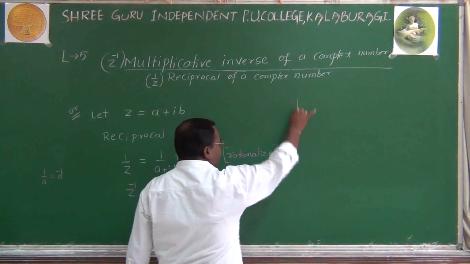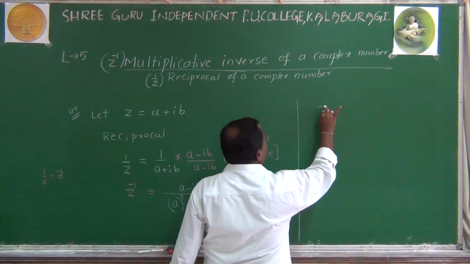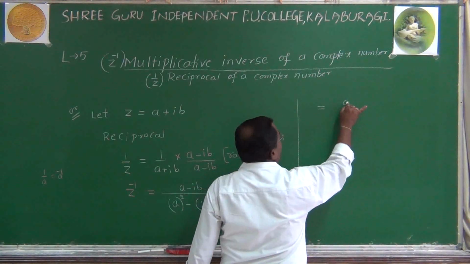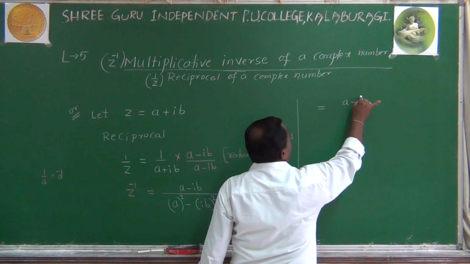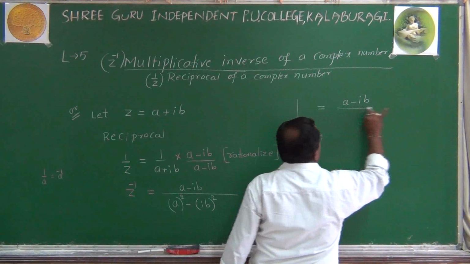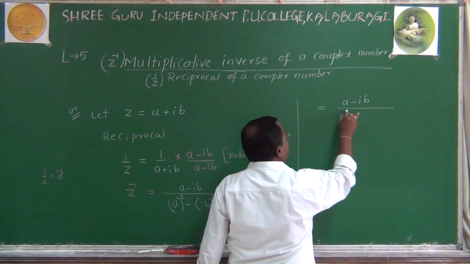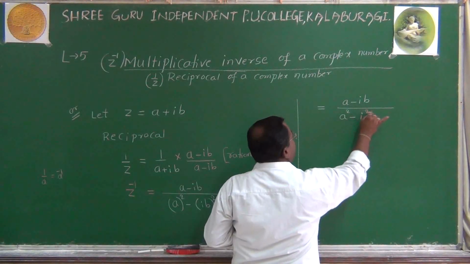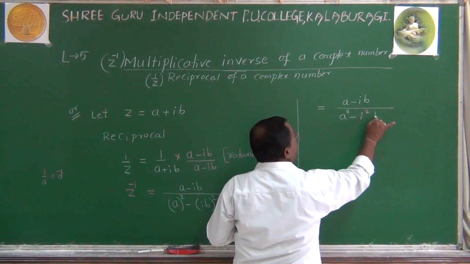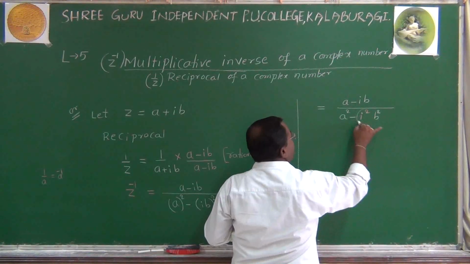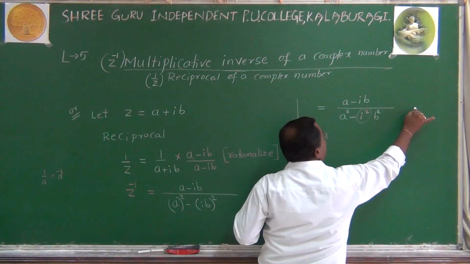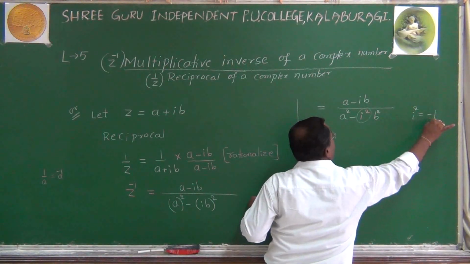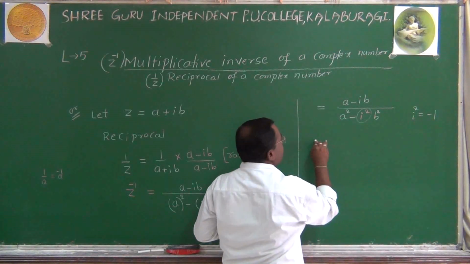That is equal to a minus ib divided by a square minus i square into b square. I square value is what? I square value is minus 1. Minus minus plus.